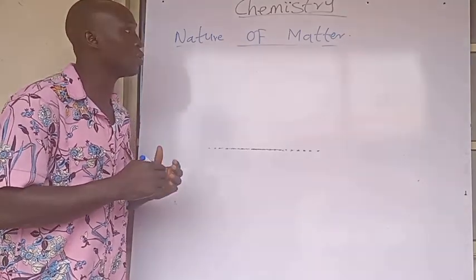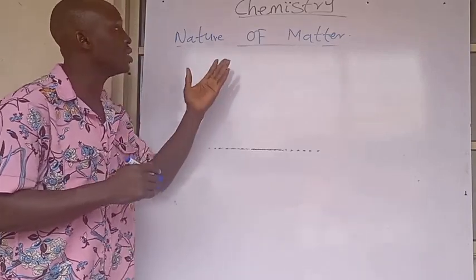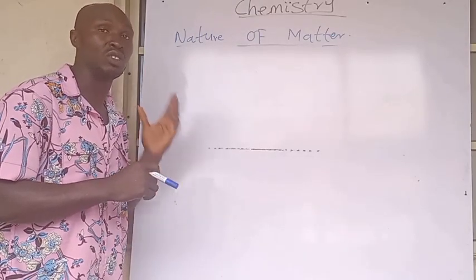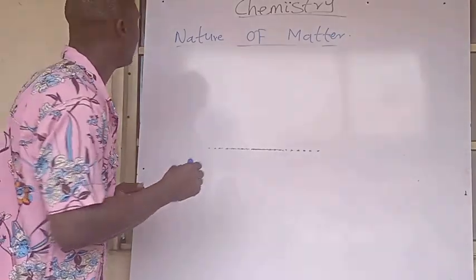So today, permit me to just go a bit into the definition of matter, but we have discussed that in our previous episode, in our introduction. Now, what is matter?